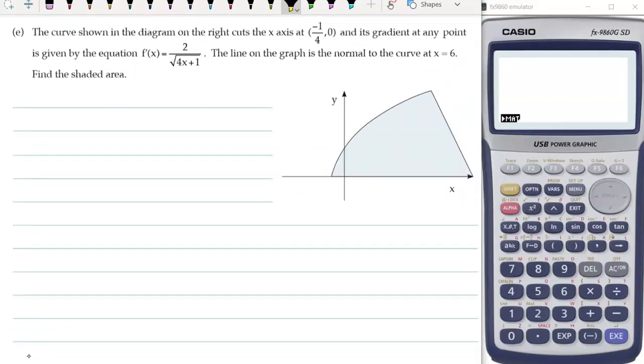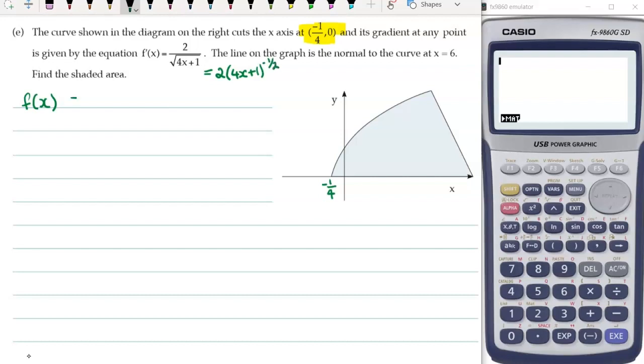Okay, for this curve, we've got that it cuts the x-axis at minus a quarter. So we've got x is minus a quarter just here. We've got the gradient function, so we can work out the function of the curve itself by integrating. Now this is going to be 2 times (4x plus 1) to the minus a half.